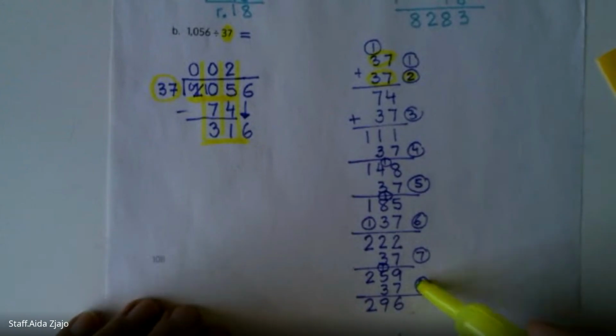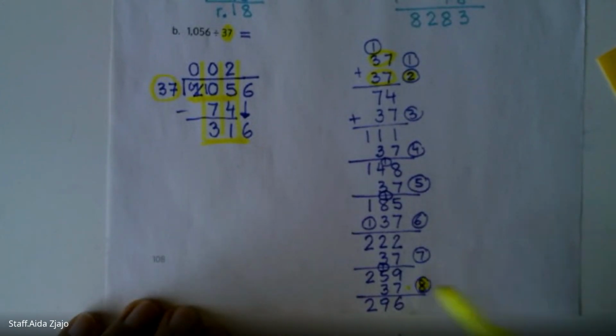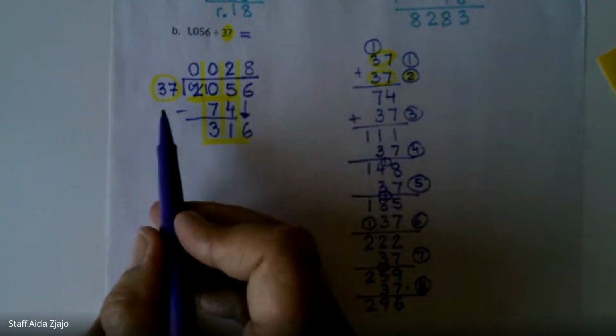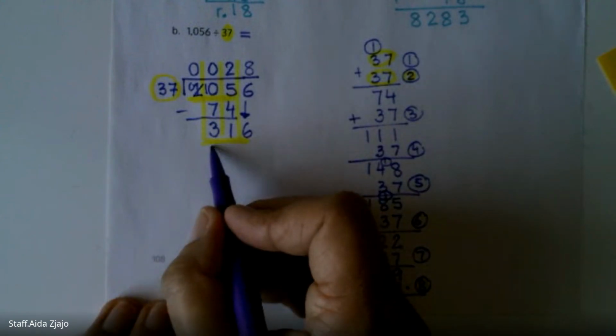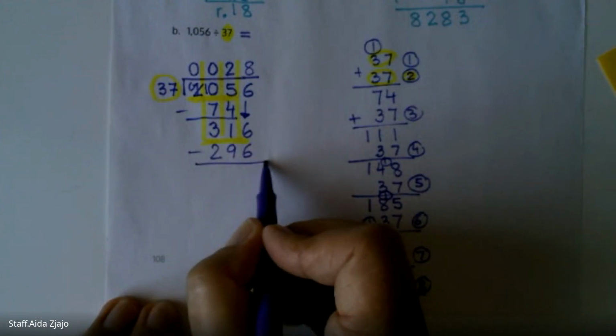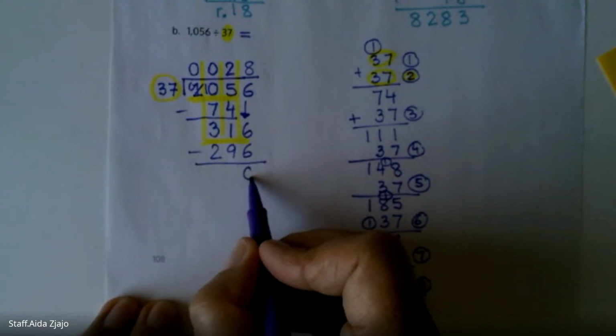So we can say that there are 8 groups of 37 in 296. So 8 times 37 is 296. And then I have to subtract. 6 minus 6 is 0.